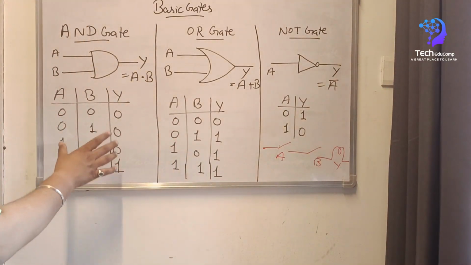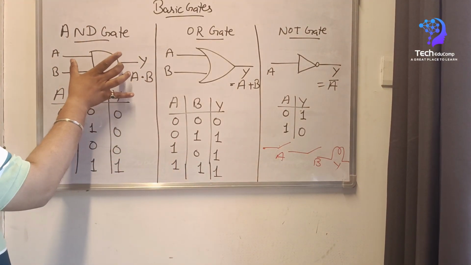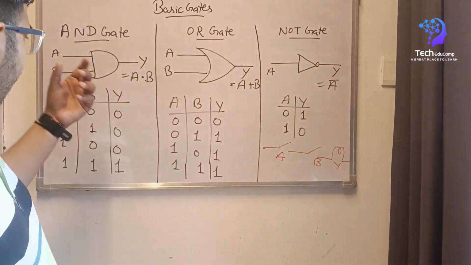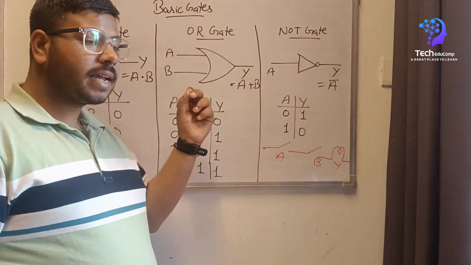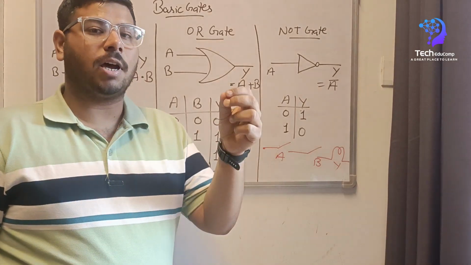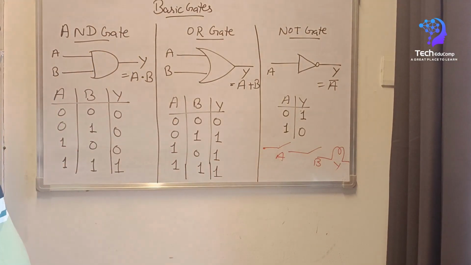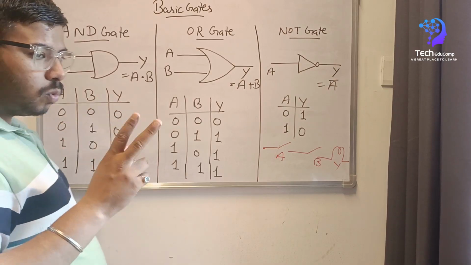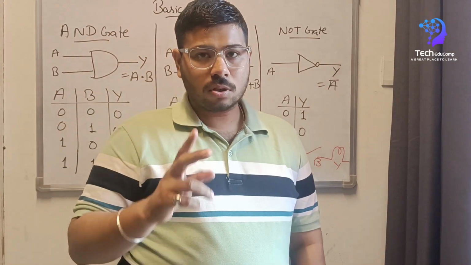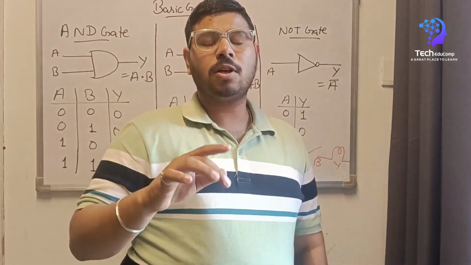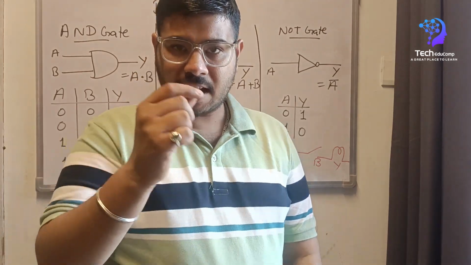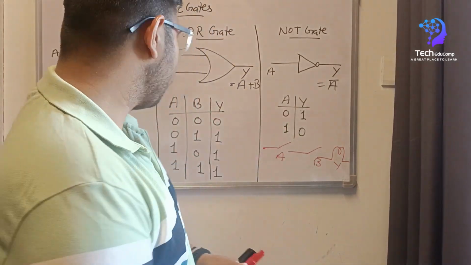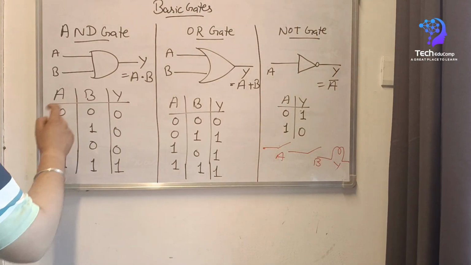So this is the truth table, this is the symbol, and this is the expression. For the AND gate, the expression is A dot B, A multiplied by B. When we look at the truth table, we have two inputs, so how many combinations? It will be 2 raised to the power n, where n is the number of inputs. So we have 4 combinations.